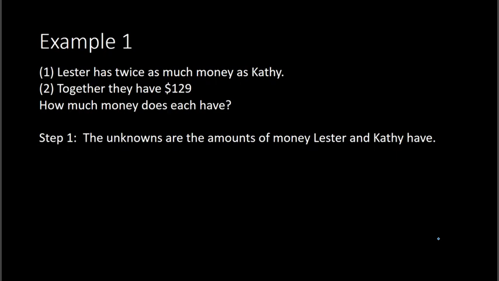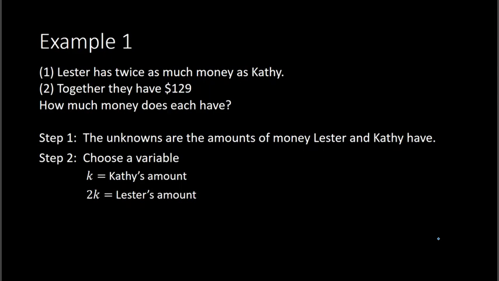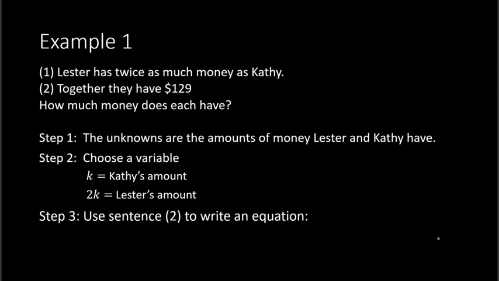So once you have the unknowns established, you can then choose a variable. So if we let Kathy's money be represented by the letter K, then Lester's money would be twice that, or 2 times K. So now that we have our unknowns established and the variables ascribed to each unknown, we can then finish off with step 3, where we can write the equation.